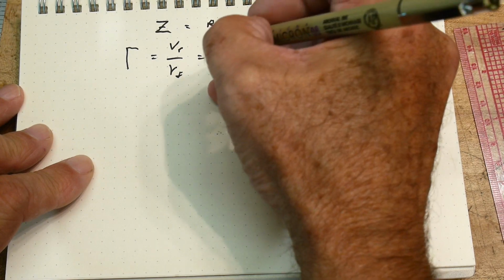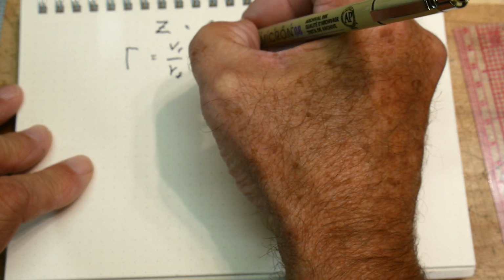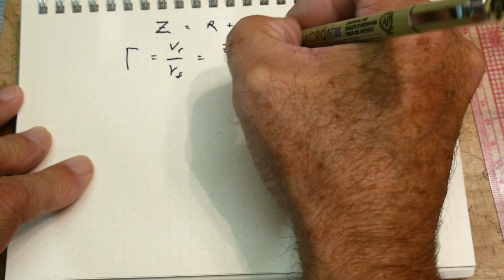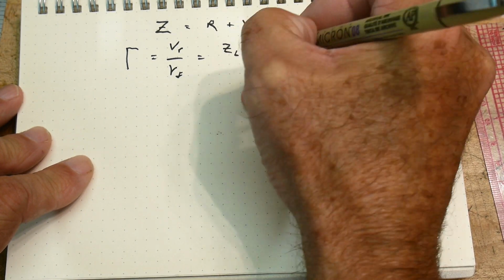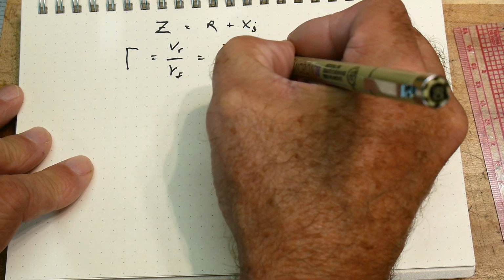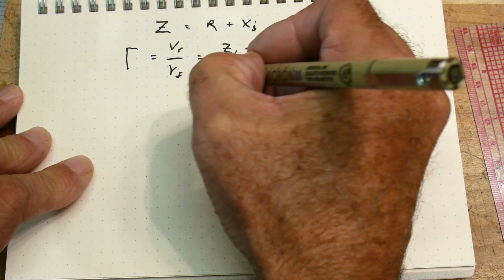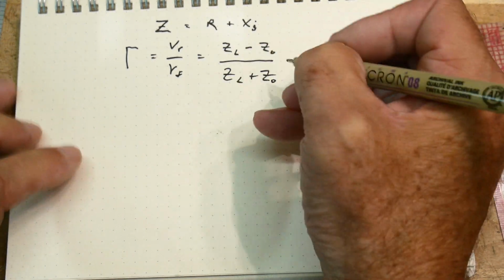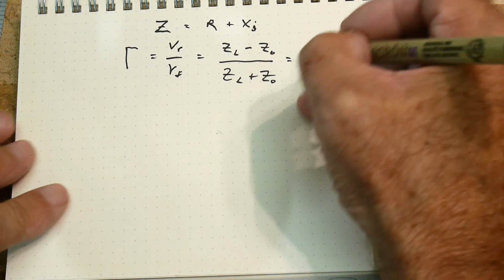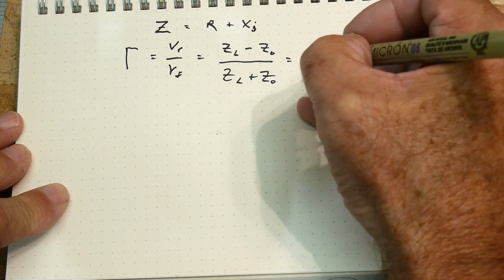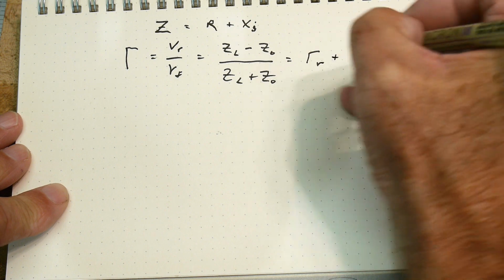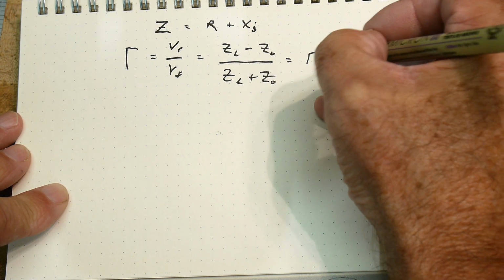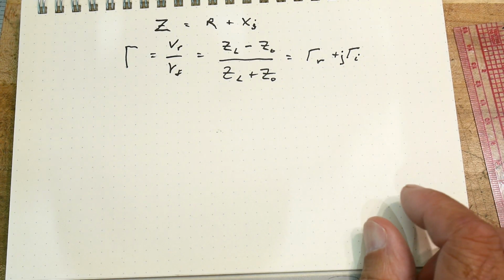So resistors and inductors and capacitors, all right. Well, we can rewrite this as actually the impedance of the load minus the impedance of the transmitter divided by the impedance of the load plus the impedance. All right? And this is now going to be gamma, the real part, plus gamma, the imaginary part, times the letter J. Okay.